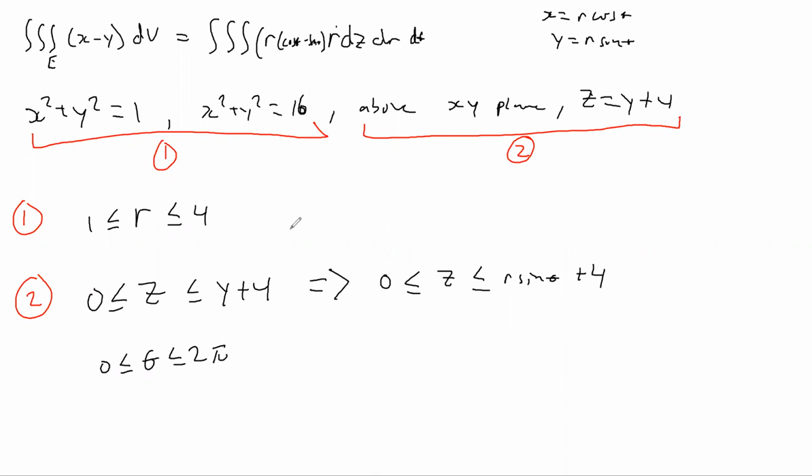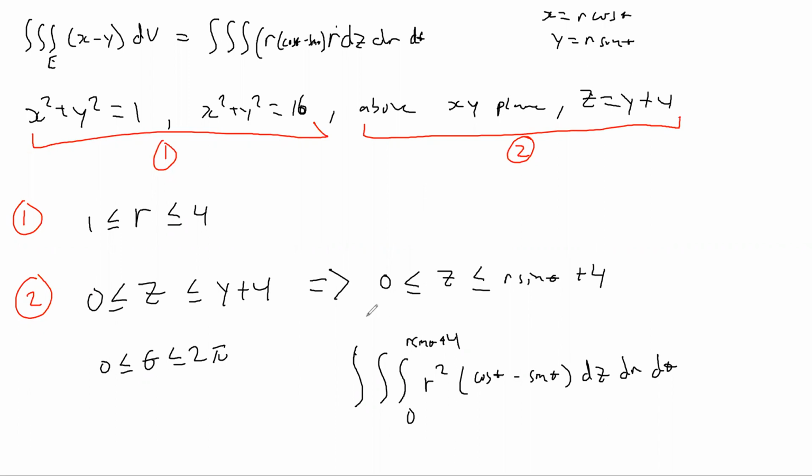So our setup for this question is going to be the integral of r squared, r squared cosine theta minus sine theta of dz, dr, d theta, and then dz, as we specified, goes from 0 to r sine theta plus 4.